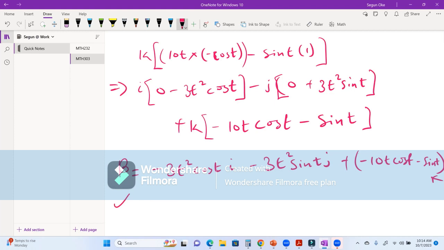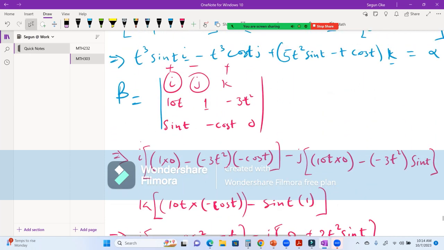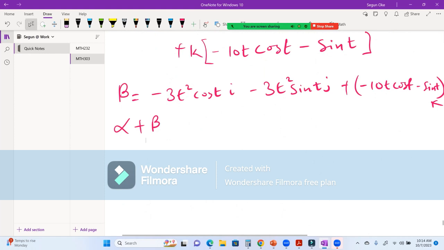So we can now look for alpha plus beta. Alpha plus beta, we know our alpha to be what? Can someone call alpha for us so that we will not miss it? So we need to add all the alpha together. Can we call alpha?